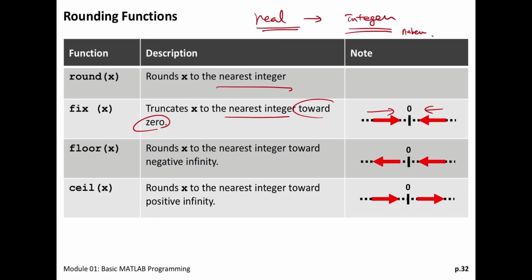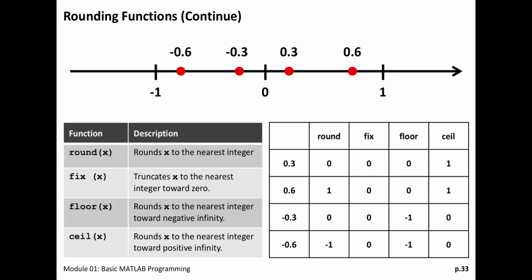Floor is toward negative infinity. Ceil is toward positive infinity. So every time you use a rounding function, you can refer to this drawing. This is useful. Let's see how it goes.